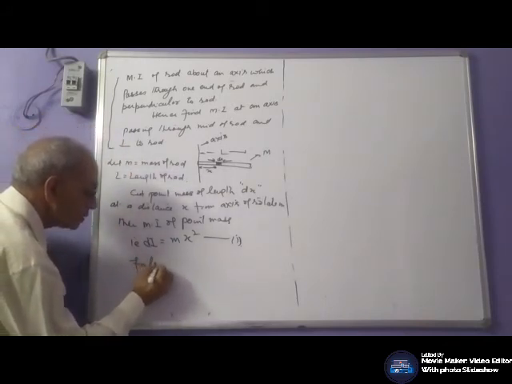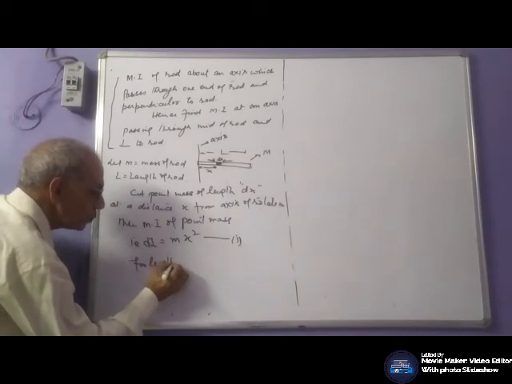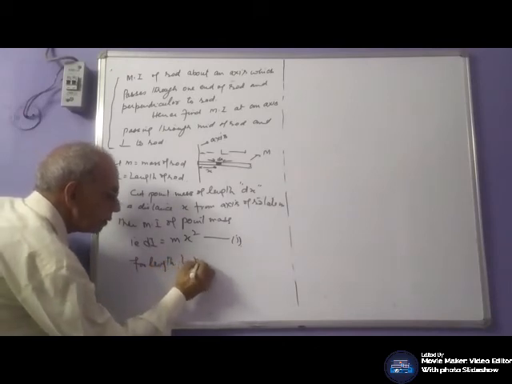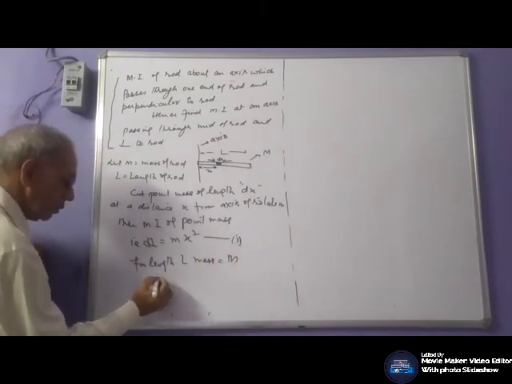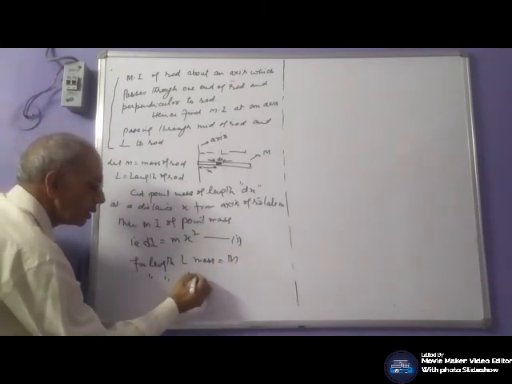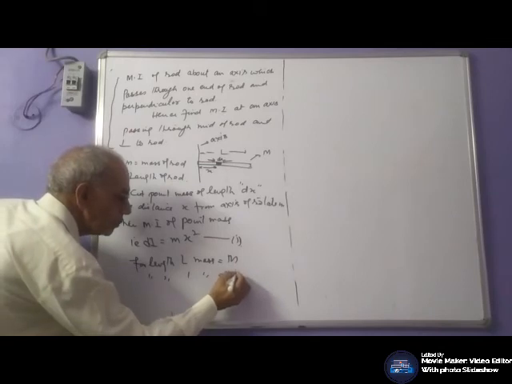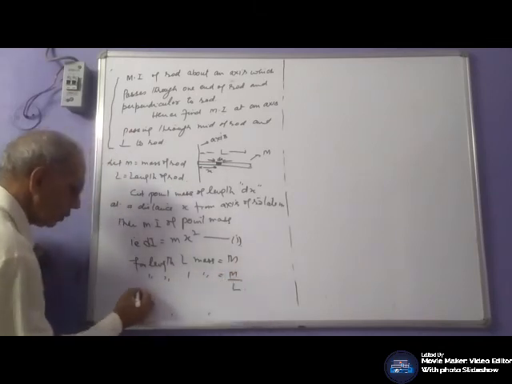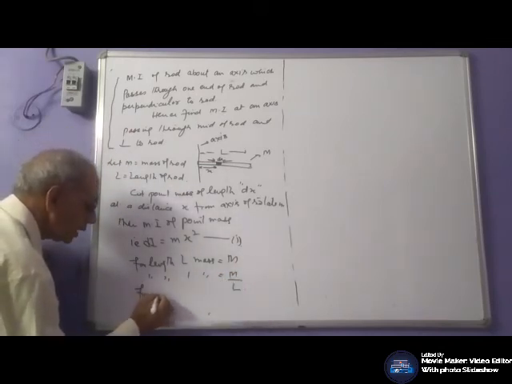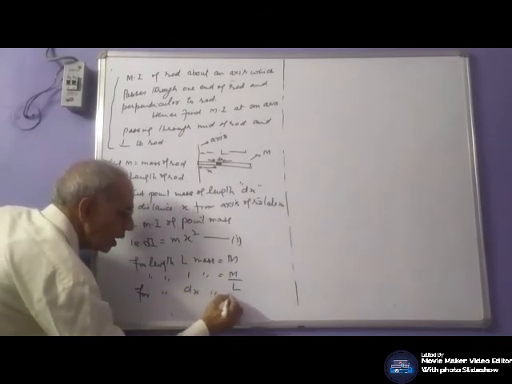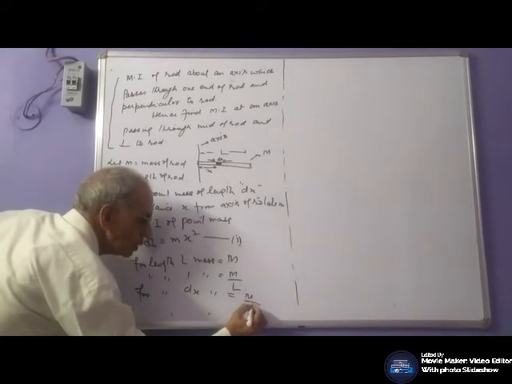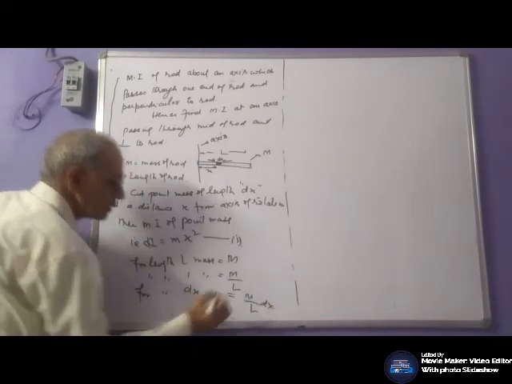For length L, mass is M. For length 1, mass is M by L. For length dx, mass is M by L into dx.